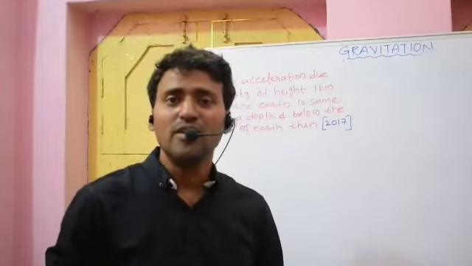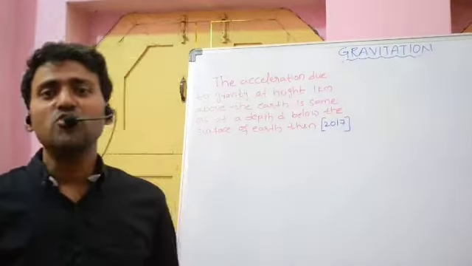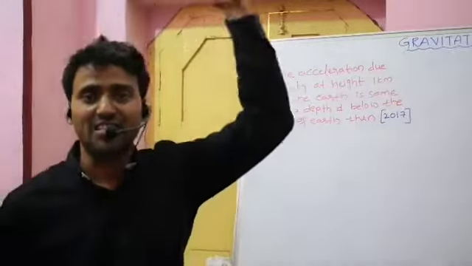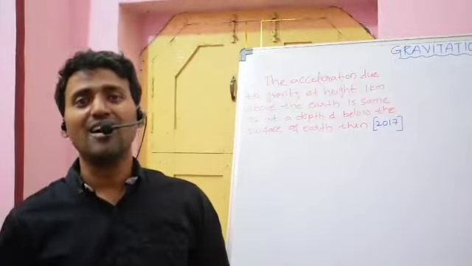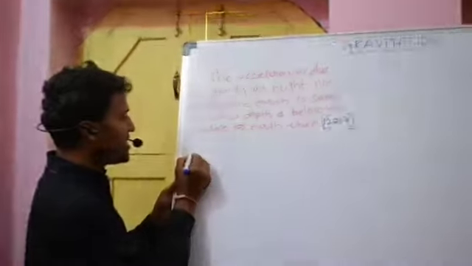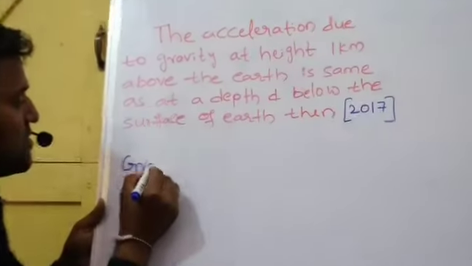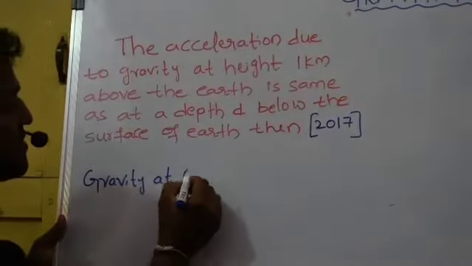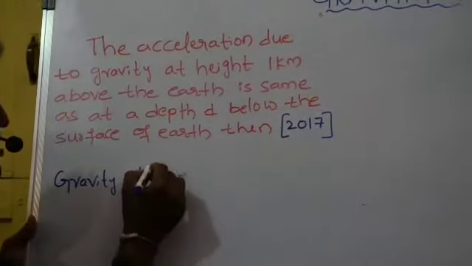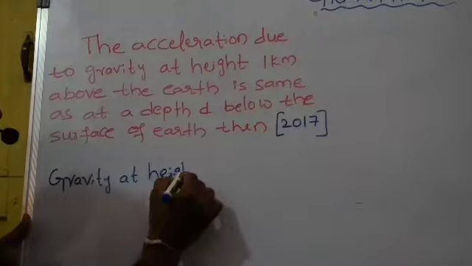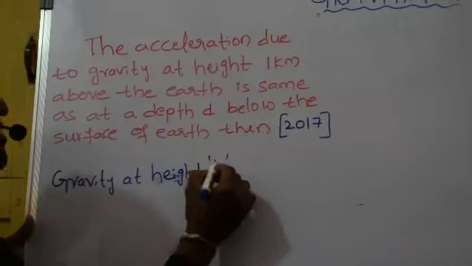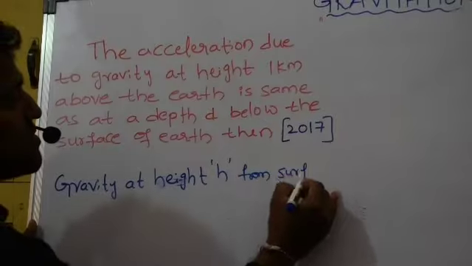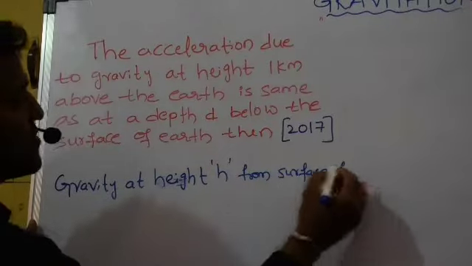First, I want to derive these two equations. What is the gravity at a certain height from the surface of the earth? Gravity at height h from the surface of earth.